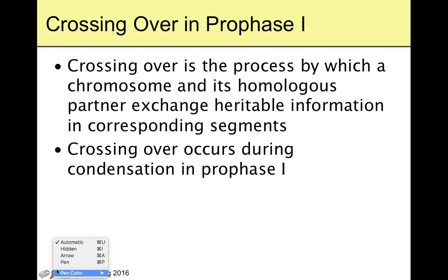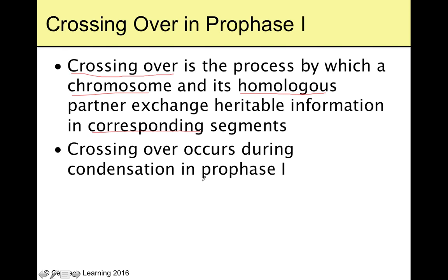And so where we really make this more diverse is with crossing over. That's in prophase 1, and a chromosome and its homologous chromosome next to it can sometimes exchange corresponding segments, which is what I showed you in that last picture where I said you had a little bit of granddad's chromosome on grandma's chromosome.